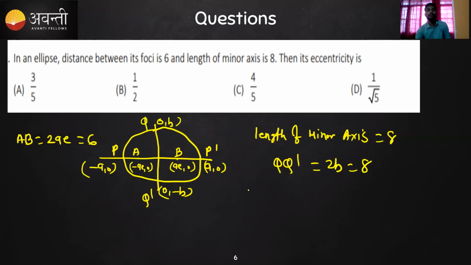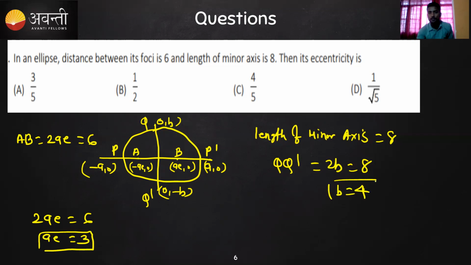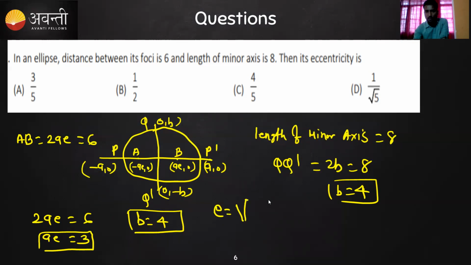So now we have two relations. One is 2a is equal to 6, from here you can find a is equal to 3. And the second relation gives b is equal to 4. So now we have to find the eccentricity. In the case of an ellipse, the eccentricity is root under 1 minus b square divided by a square.